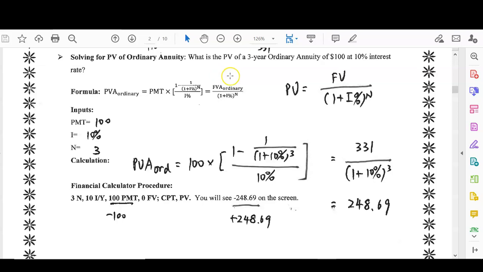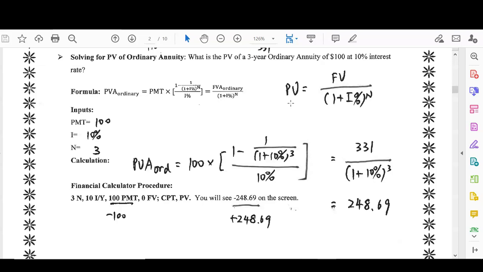It is also future value of ordinary annuity divided by 1 plus interest rate to the power of n, because any present value is future value divided by 1 plus interest rate to the power of n. Remember, this is the present value of a lump sum formula.